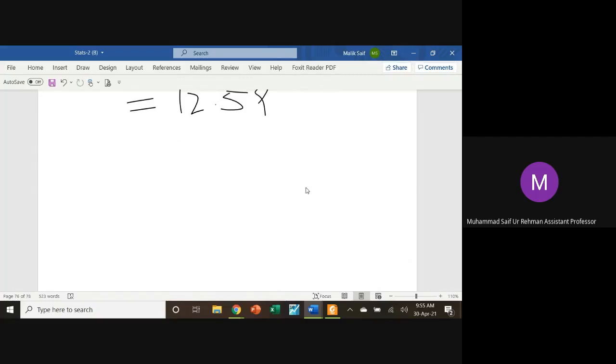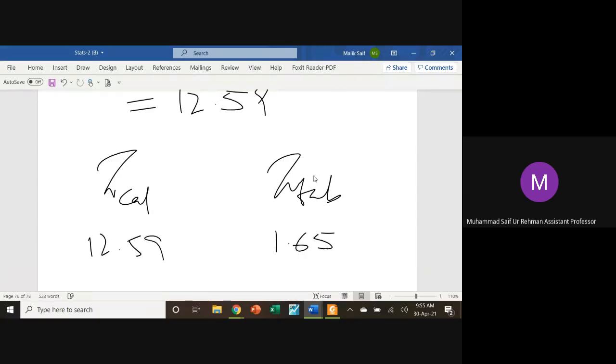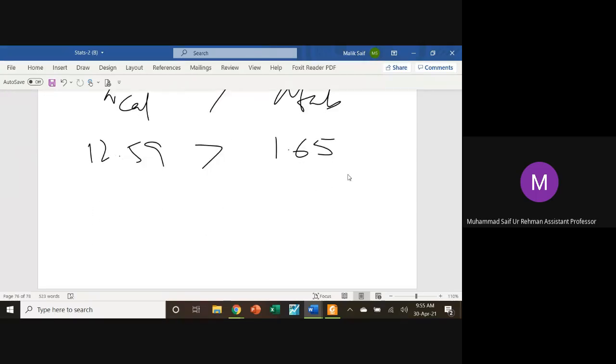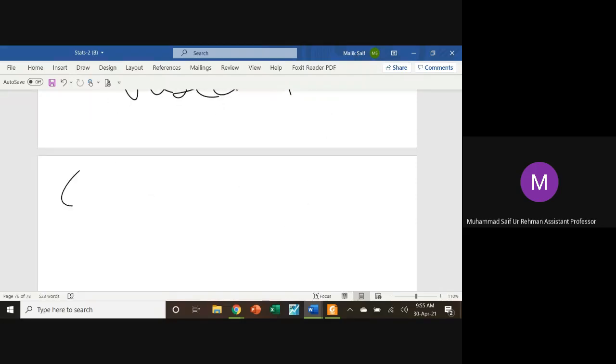So you can say over here Z calculated, Z tabulated. This was 1.65. This is 12.59. Clearly, this is greater. Therefore, reject H naught. And finally, interpretation.